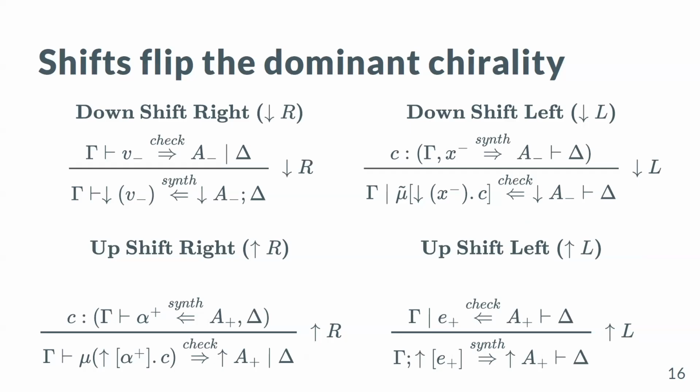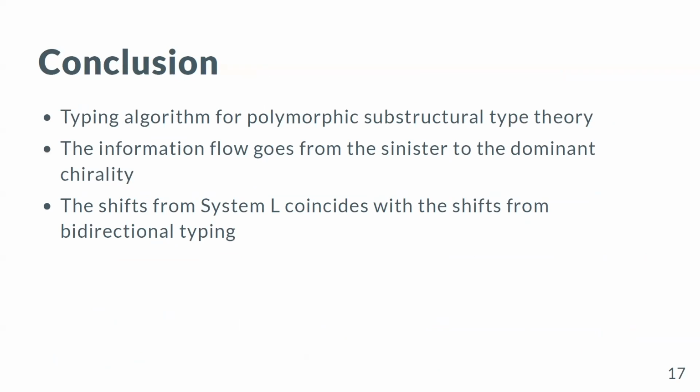So essentially, this is the only place where you expect to get annotations. And it matches exactly the shifts from bidirectional type checking, except now we have 2 sets of them. And okay, conclusion, we have a typing algorithm for polymorphic substructural type theory.